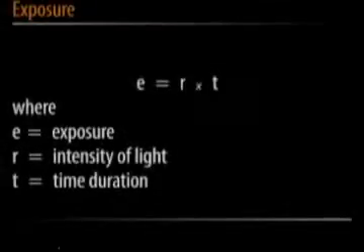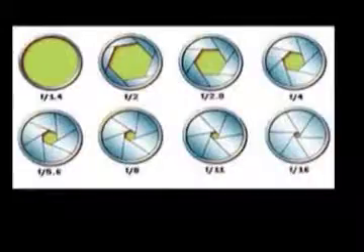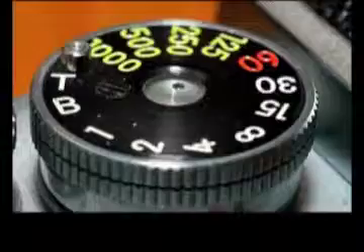I have already explained E is equal to I into T. E is the exposure, I is the intensity which is controlled by the aperture, and T is the shutter speed. To control the aperture, you have different aperture numbers, f numbers, and to control the shutter, you have different shutter speeds. When we expose a picture, we expose with a combination of aperture and shutter.